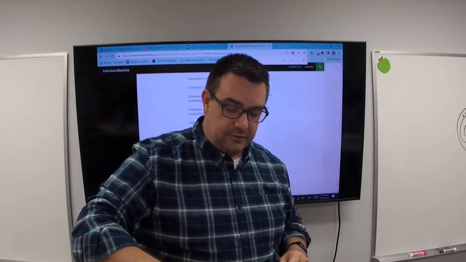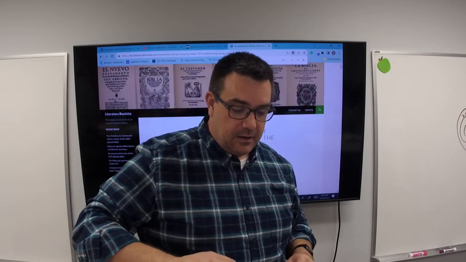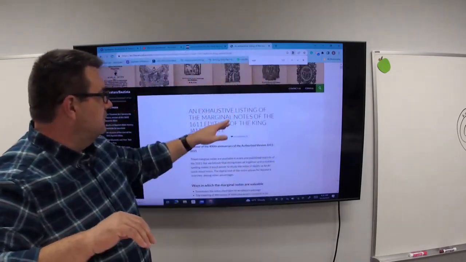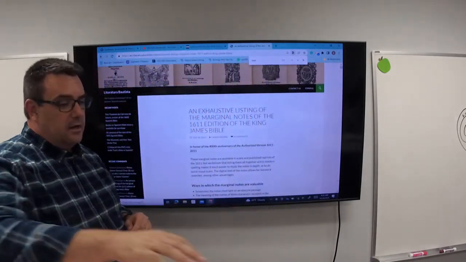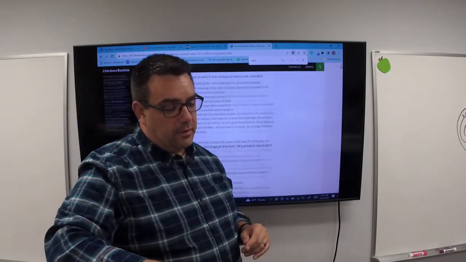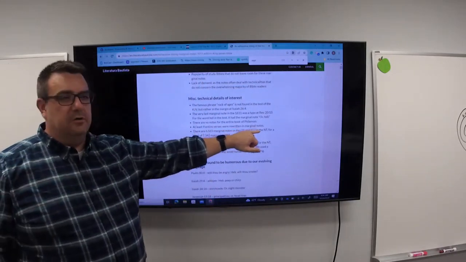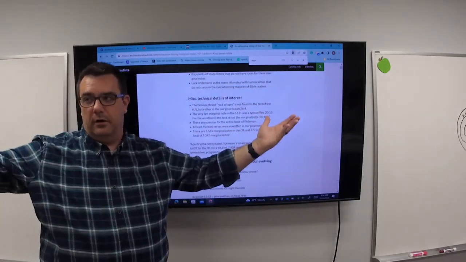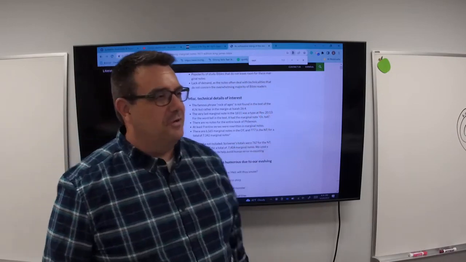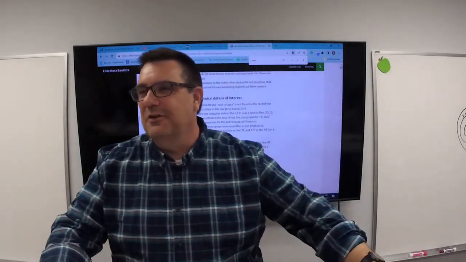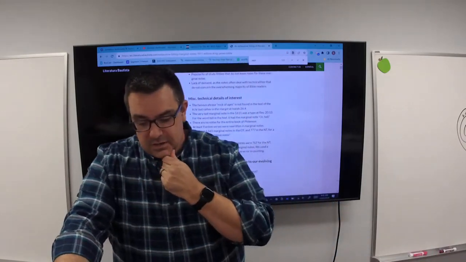I've showed you guys this before, a few weeks back. It's this article right here. In the front material, before he starts listing them out, he says right here, notice, at least 9 verses were rewritten in marginal notes, but he doesn't tell you what they were. So that means you have to now investigate the marginal notes to find these instances where they gave verse rewrites in the margin.